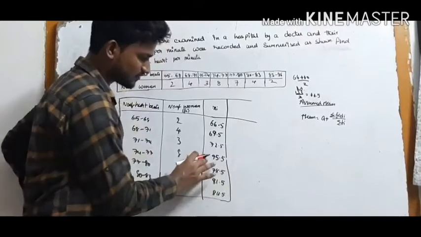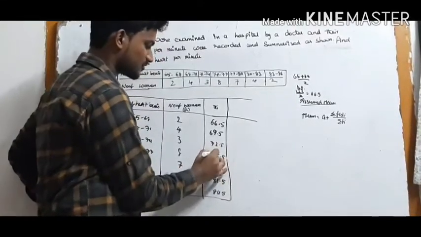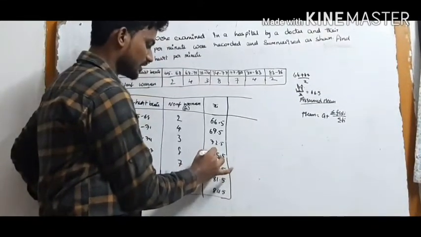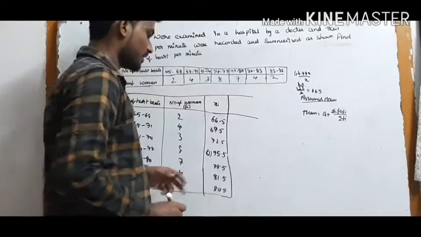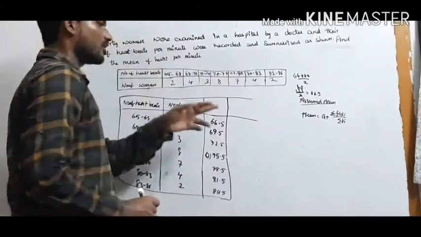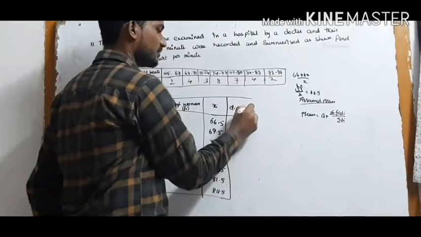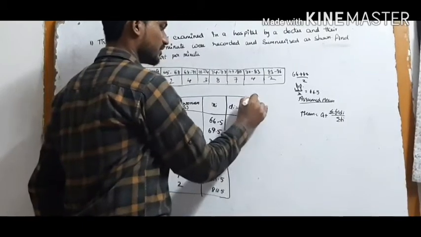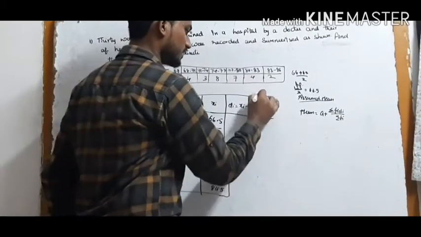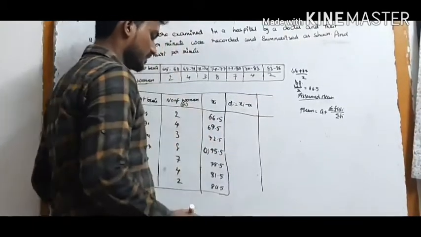It is 75.5, an easy choice, and I assume this as a. Then we want to find di. di equals xi minus a.